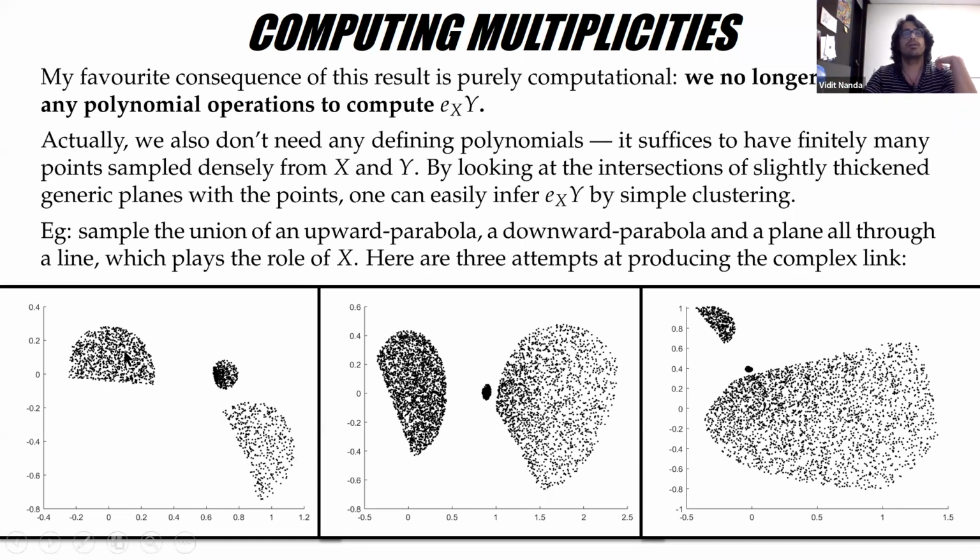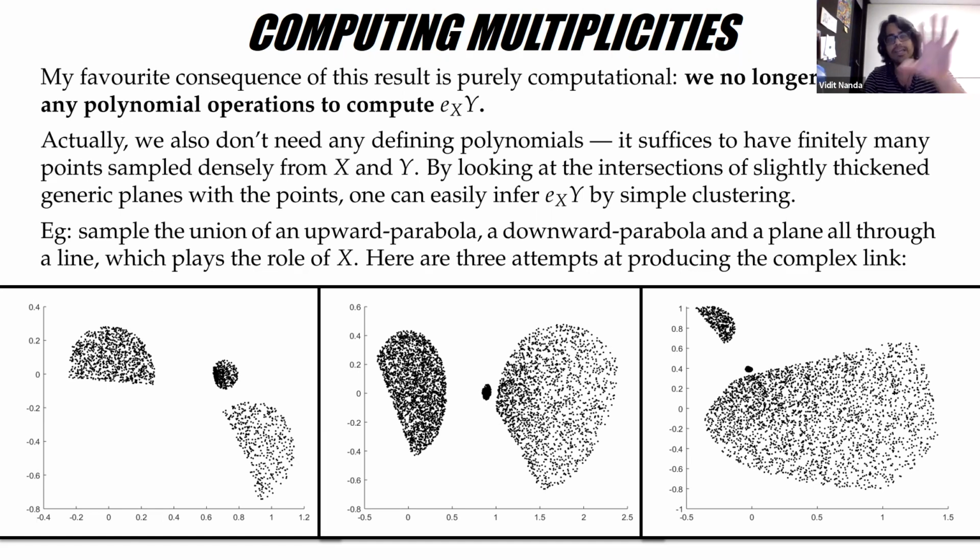The EXY for that example is 3. And all that's happening here is that you're getting 3 connected components of points. And none of this required knowledge of the polynomials that generated X or Y. Any clustering algorithm worth its salt is going to look at these and give you 3 clusters.